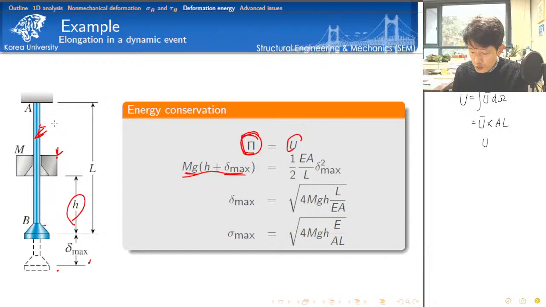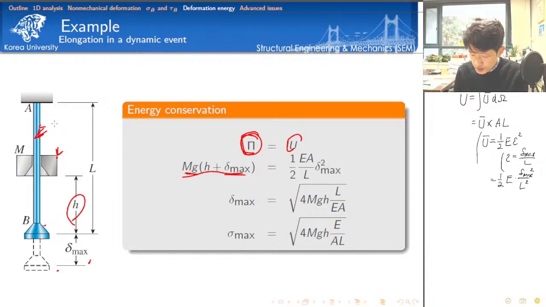And here U bar, the deformation energy density, is equal to a half of the elastic modulus times the strain value squared. And then strain is given by what? The elongation, the maximum elongation divided by the length, and this is equal to a half of the elastic modulus over L squared times delta max squared.